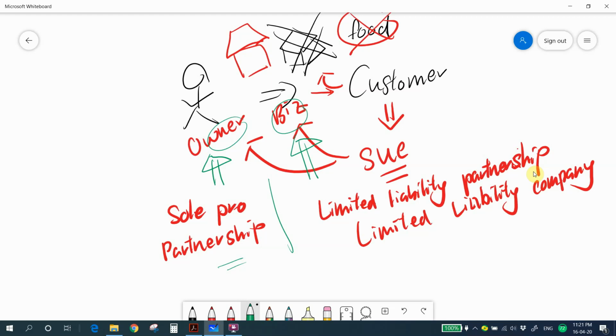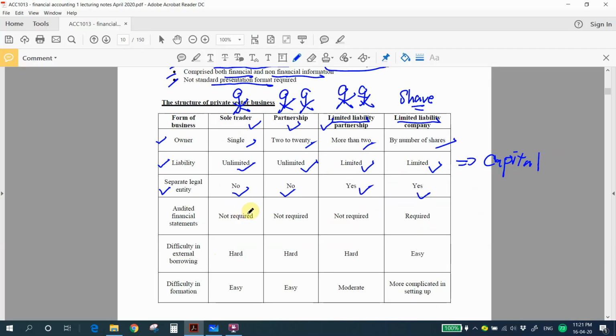However, if you are in the structure of a limited liability partnership or limited liability company, the customer cannot sue you directly, they have to sue the business. So this is the difference between sole proprietor and partnership, and limited liability partnership and limited liability company. No for the sole trader and partnership, and yes for the limited liability partnership and company.